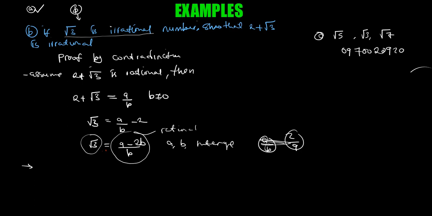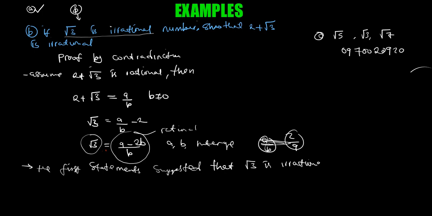The first statement suggested that root 3 is irrational.